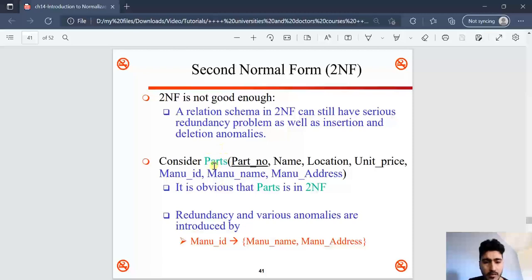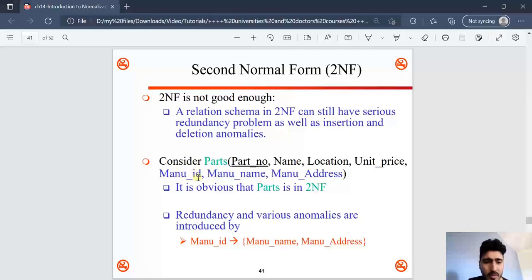We have the relation called parts with the following columns. Each part has a part number, which is the primary key, the name of this part, its location, its unit price, and the manufacturer ID, manufacturer name, and manufacturer address. If we look, we see that the manufacturer name and manufacturer address are redundant here.